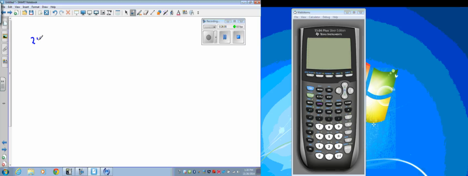28. Here's cosine squared, sine squared. What do you think you'd do with that?